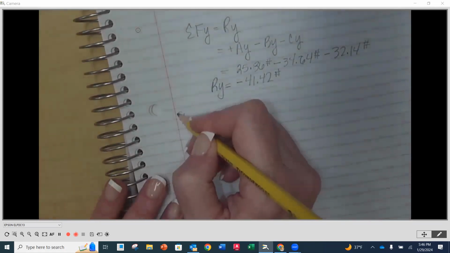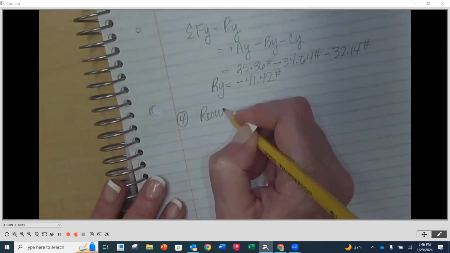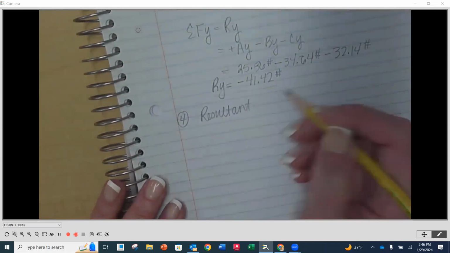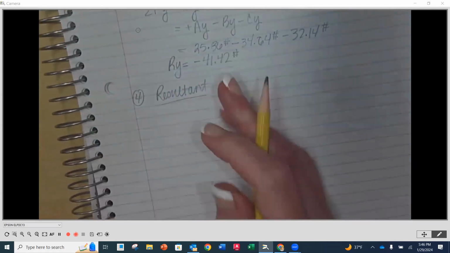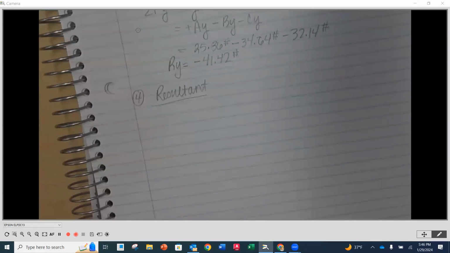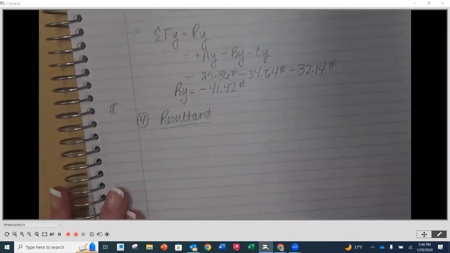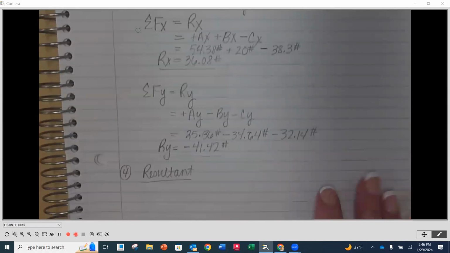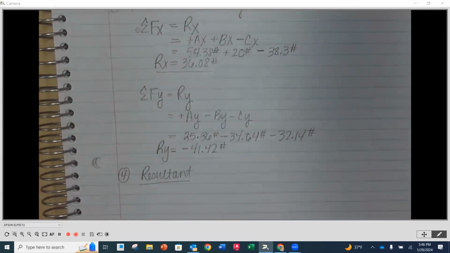So our step number 4 here is I'm getting ready to calculate my resultant, my full resultant, capital R. All right, now, before I draw it out, I want you to make a diagram with Rx and Ry as you would interpret its direction. Okay, so you're going to have an X and a Y axis, and you're going to draw Rx and Ry. And we'll see if we agree.